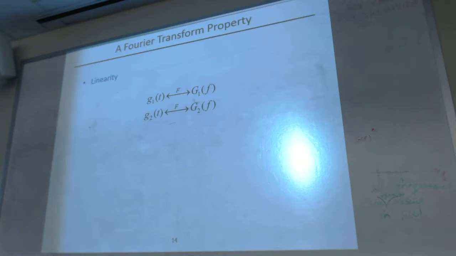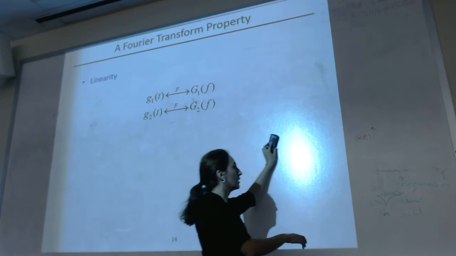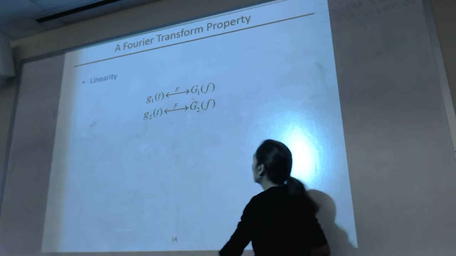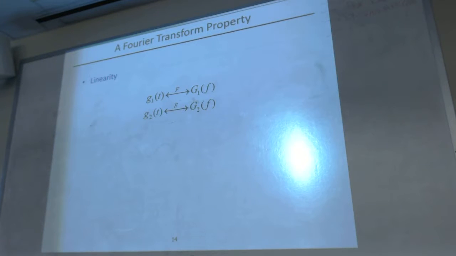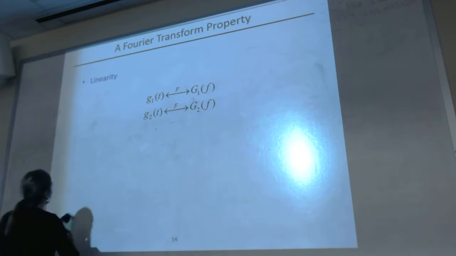So now we have very simple and nice properties for the Fourier transform. One is linearity. Can anyone tell me what linearity means? Let's say I have a signal g1 in the time domain, and the Fourier transform is capital G1. And I have another signal g2, and the Fourier transform is capital G2. Linearity means that if I linearly combine my signals in the time domain, the same relationship will apply in the frequency domain.